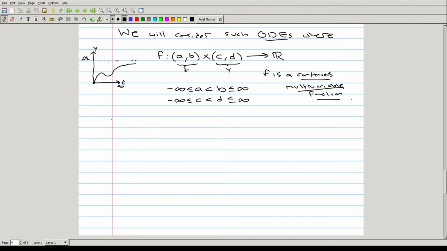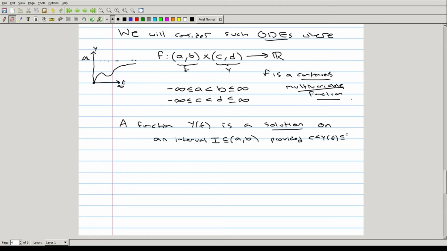And we define a function y of t to be a solution of the ODE on an interval I, which is a subset of (a, b), provided that the solution y of t stays between c and d, and y of t is continuously differentiable.